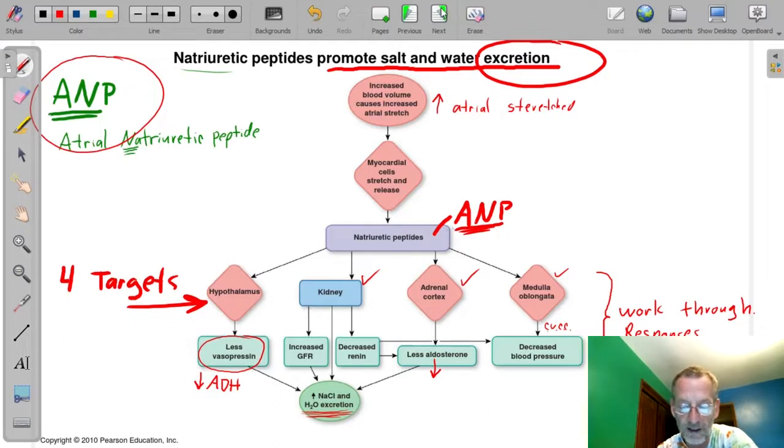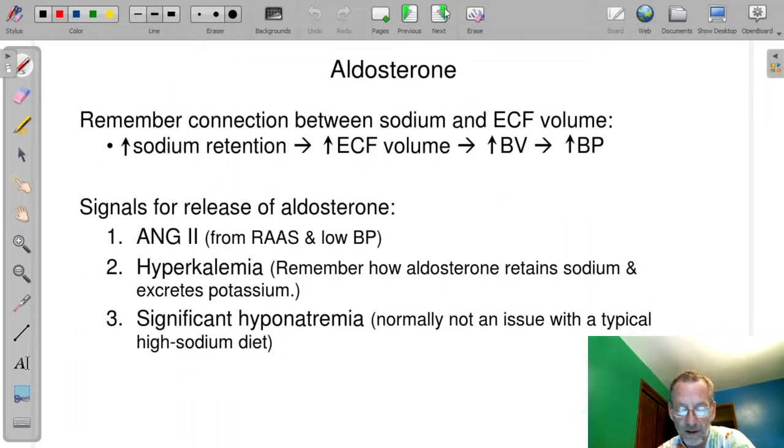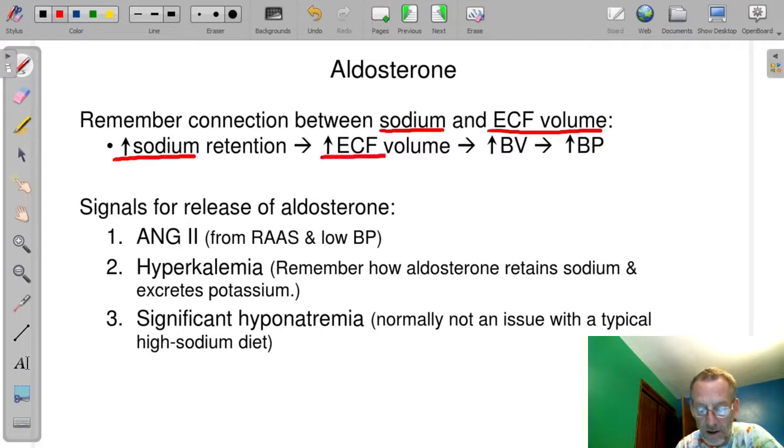which we just did. So let's talk about aldosterone again. Some key points to not forget is the connection between sodium and the ECF volume. More sodium retained, more fluid retained, increase in blood volume, increase in blood pressure.